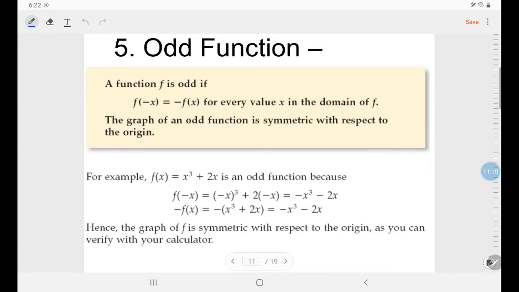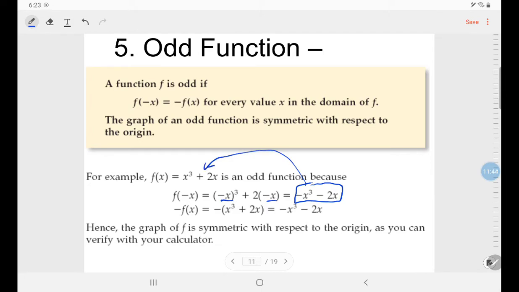Likewise, here's a little more formal definition of an odd function. And if you take a look at it, here is your f of x, and it's x cubed plus 2x. Again, I'm going to replace the x with negative x. And let's see what happens with the y's. Well, I get this. Is that exactly the same thing that I started out with?